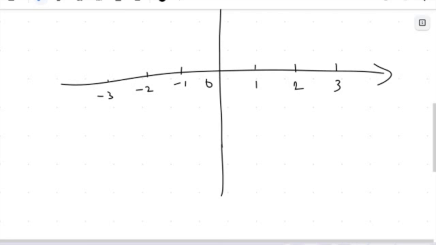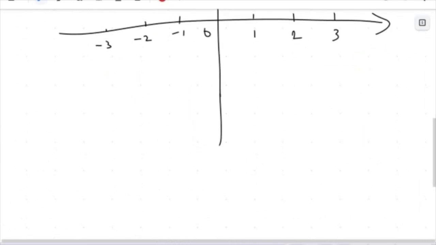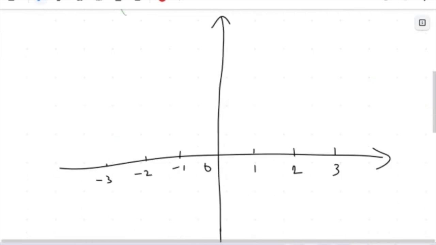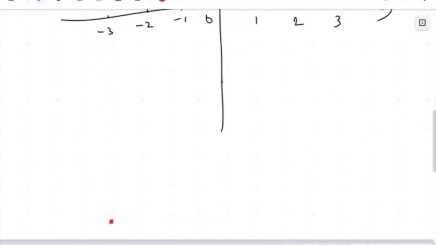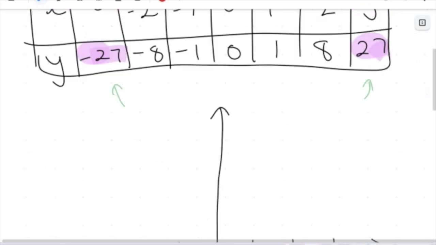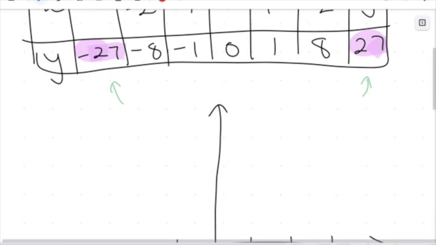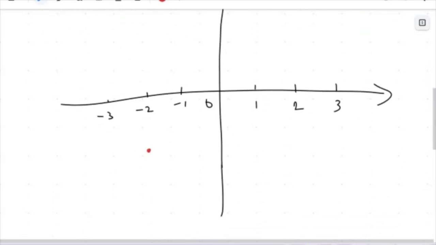Now, when x is -3, y is all the way down at -27. So that's like, let's say, way down here. When x is -2, y is -8. So let's say that's about here. Obviously the scale is going to be a bit weird, so please forgive me, but we just want to get a feel for the general kind of shape. When x is -1, y is -1. That's about here. Let's make it a bit closer.